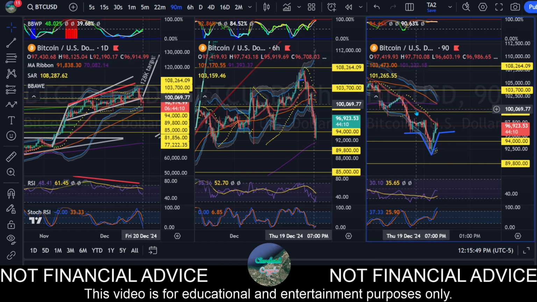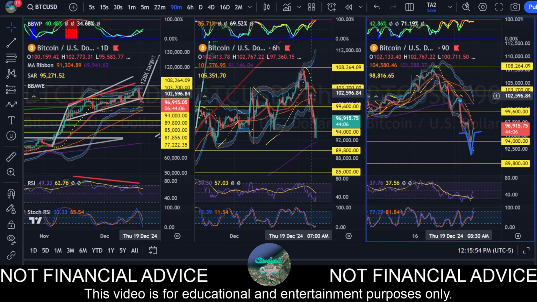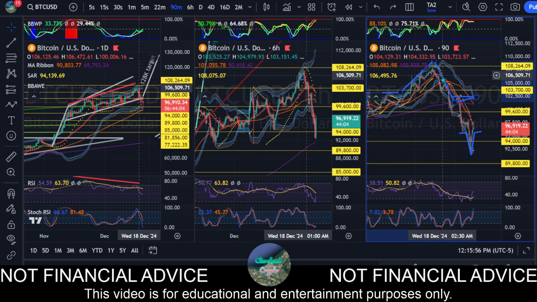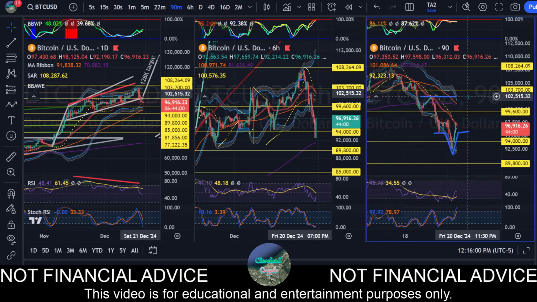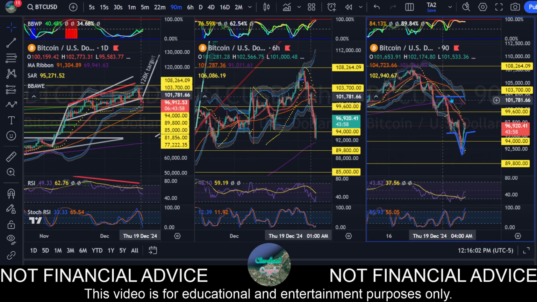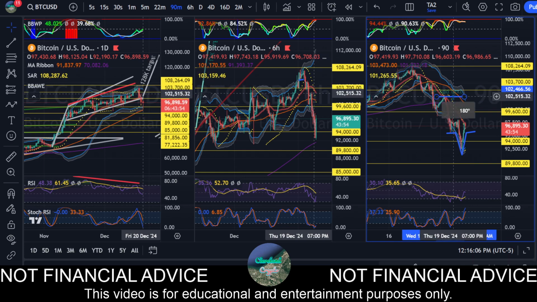Delete the head and shoulders. That line, we clearly did not break up over it. I mean, slightly ripped over it, but we didn't break out over it, and that drove us back down, like I was saying yesterday.